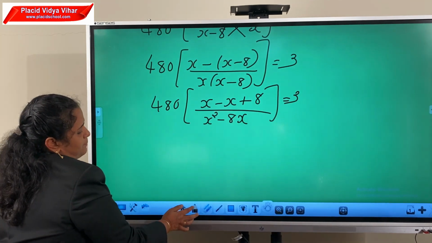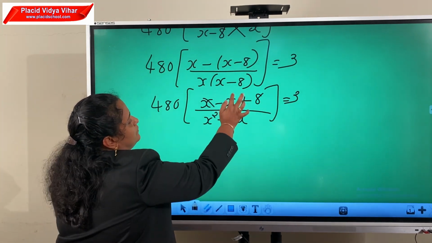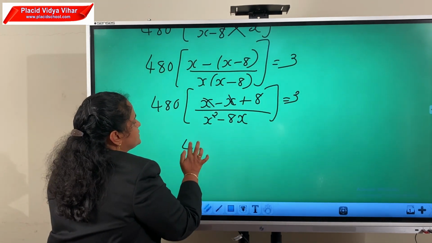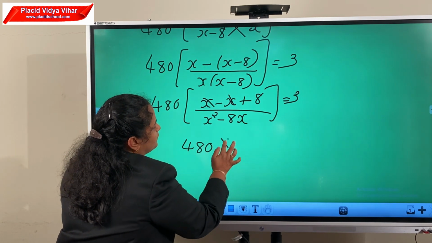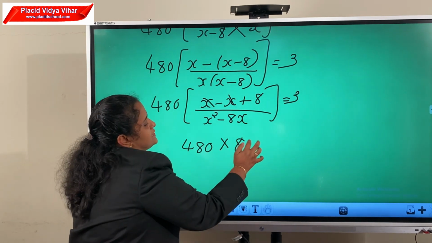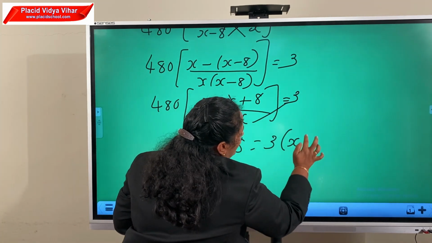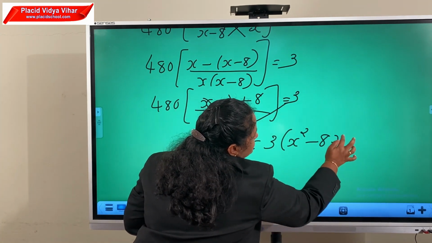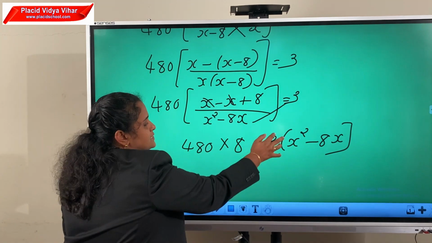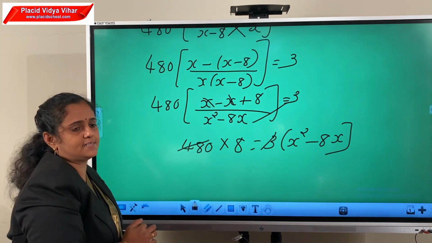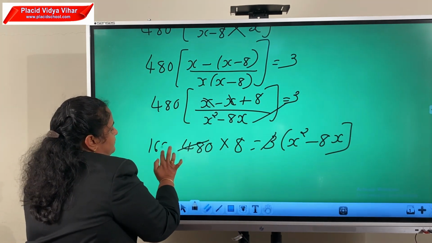That is, x and minus x we can cancel. Then we can write it as 480 into 8 is equal to, cross multiplying like this, 3 into x square minus 8x. This 3 and 480 we can cancel, that is 160.